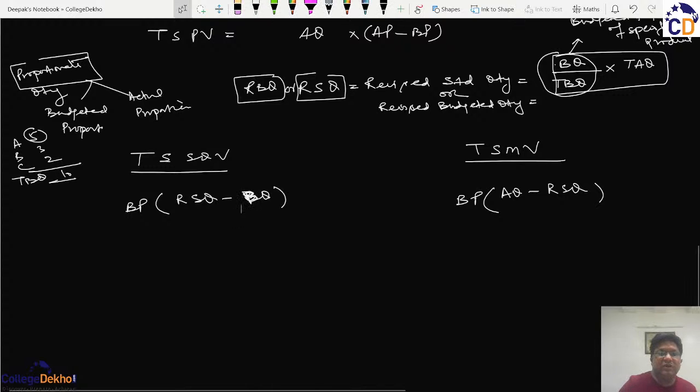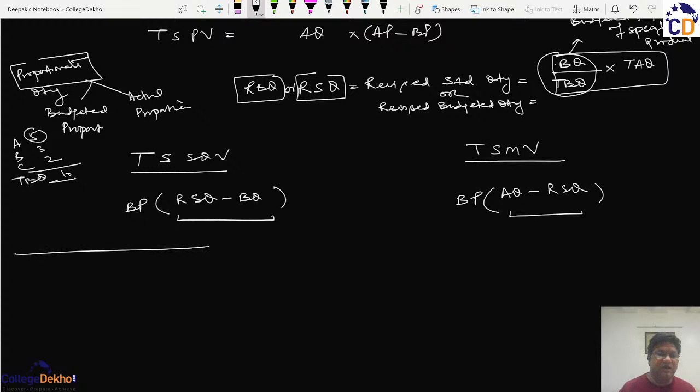Okay, so I can just write it again. So it is the difference of the revised standard quantity with the budgeted quantity, and it is the difference of the revised standard quantity with the actual quantity. So with the help of these formulas, we can calculate various sales variances.